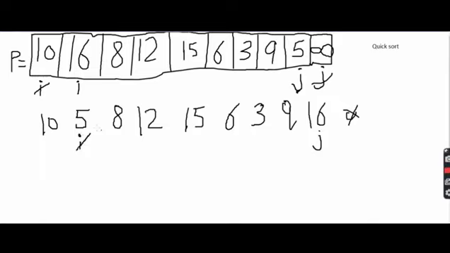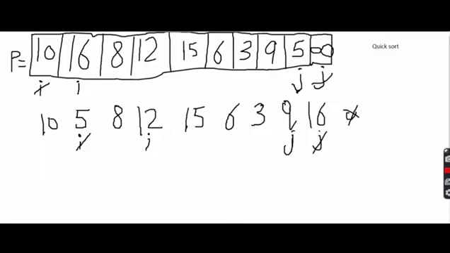Now again with the next iteration, 8 is greater than 10? No. Again iterate it. 12 is greater than 10? Yes. Stop. Then again 9 is less than 10, our pivot point? Yes. Okay. This will become J. Right?